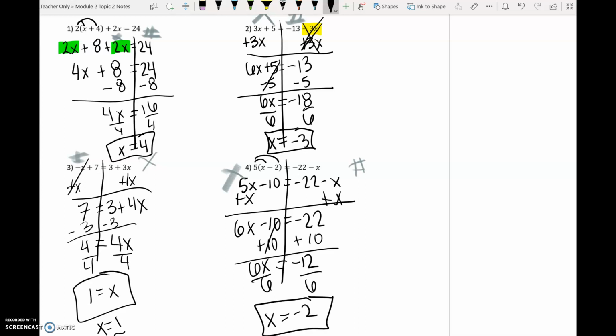So again, like terms need to be combined, whether they are on the same side, like this one, or opposite sides, like this one. Same side, you don't need to use inverses. Opposite sides, you do. So pay close attention and remember to pick your x to be on one side and your numbers to be on the other.